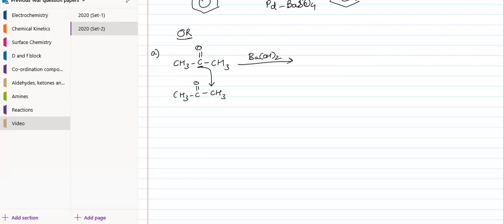This bond shifts up and the hydrogen from this carbon gets transferred to this. The product that we get is CH3, C, CH3, OH, CH2, and CO, CH3.